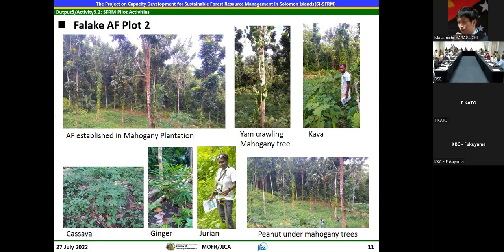So as it was previously, it's a mahogany plantation plot. They thinned and then they plant under the mahogany trees.